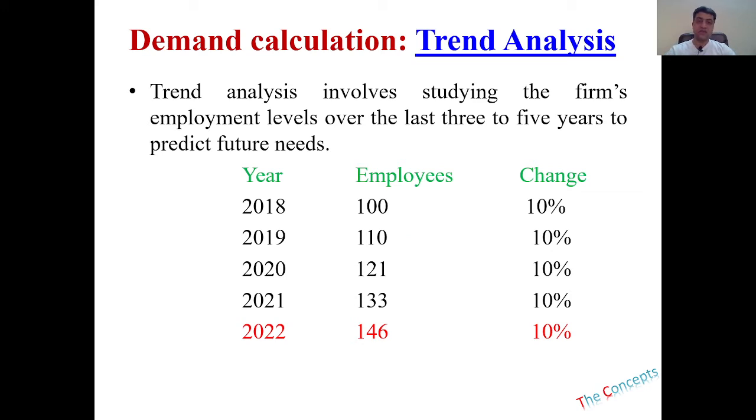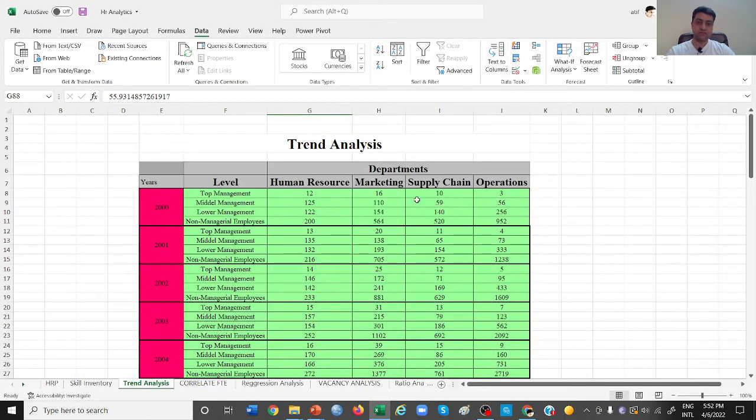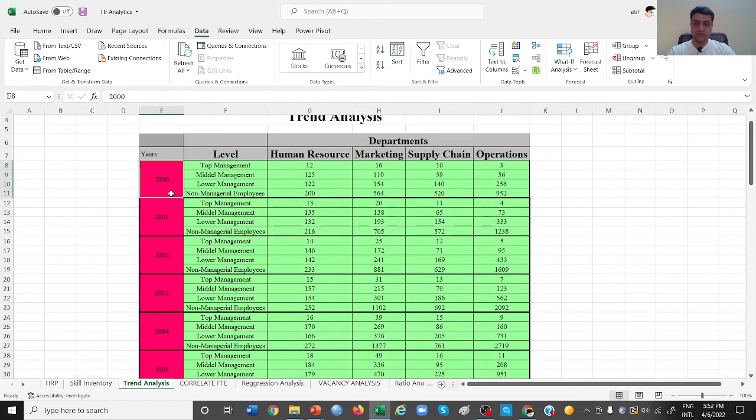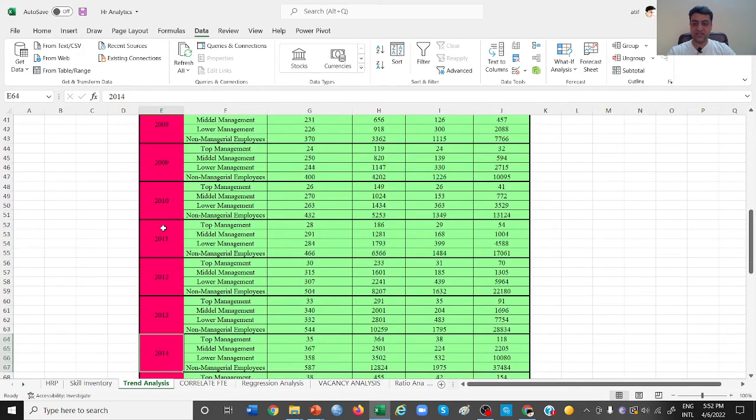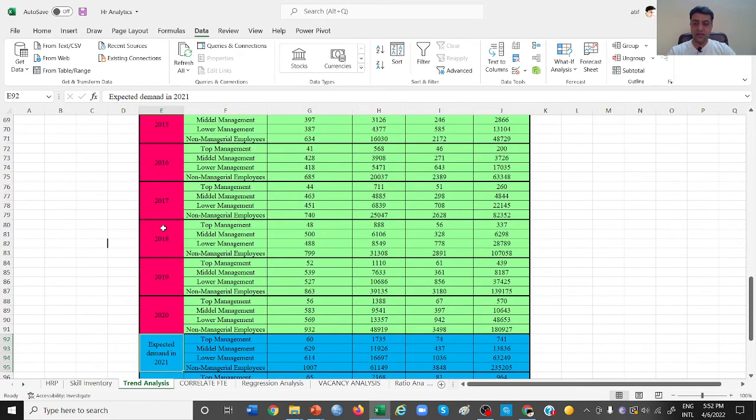Now let's look at the Excel example and see how we can analyze based on our trend analysis. So this is our data, and we have the data from year 2000, 2001, 2, 3, 4, 5, 6, 7, 8, 9, until 2020.